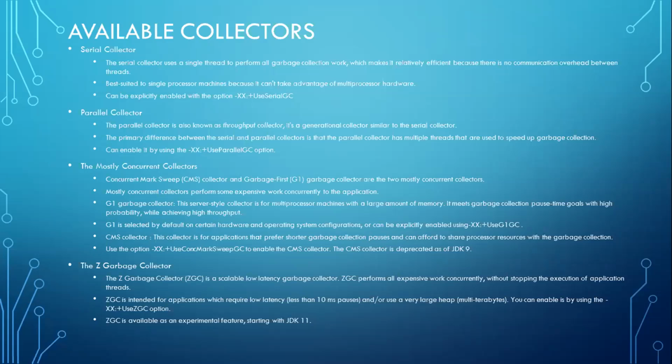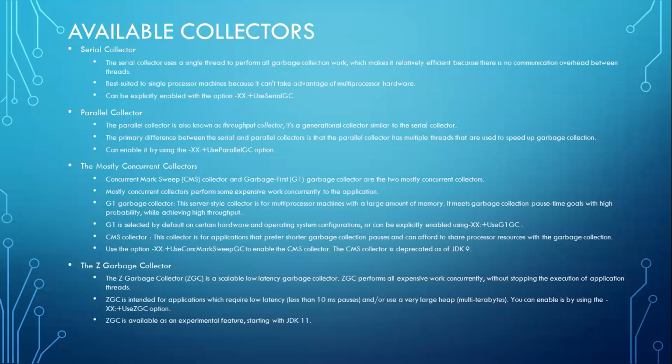With the earlier approaches like the serial and parallel collectors, the entire GC process will stop your application threads. But in the concurrent collector, we have an optimal approach so that we have very minimal pauses for application threads, right?